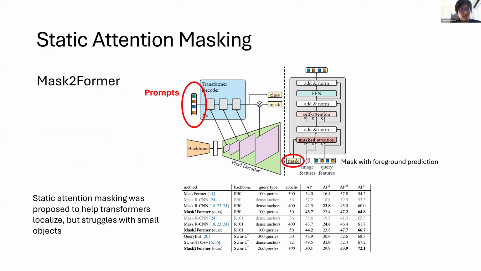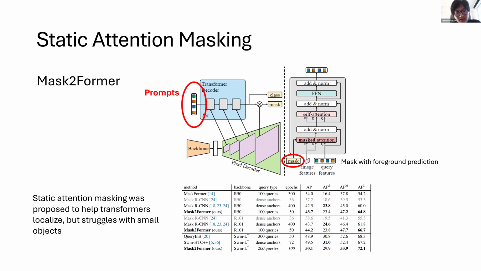In Mask2Former, and also the following work, the prompts are encoded in query vectors, and in the end, they are also used to decode the segmentation mask. One key feature of Mask2Former is that in the transformer prediction architecture, it used masked attention rather than full attention on the image.